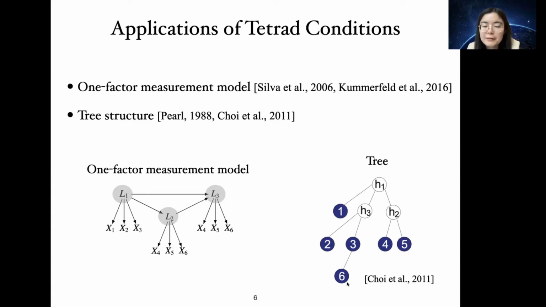For the tree graph, it assumes that for every pair of variables, there should be at most one path. So you can see that with the tetrad condition, we can only allow very simple latent graphs.